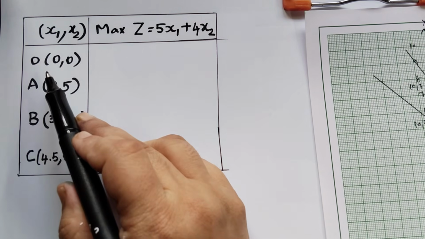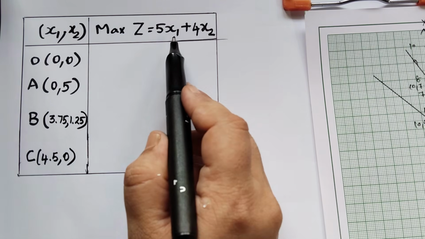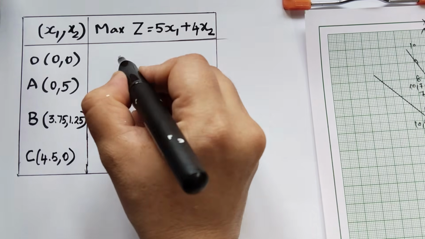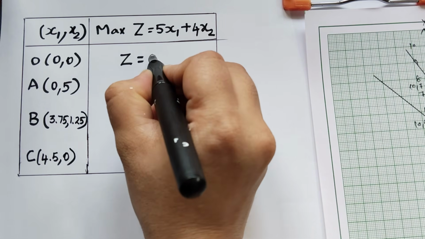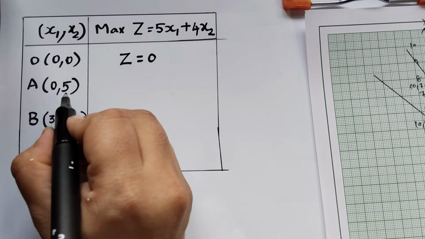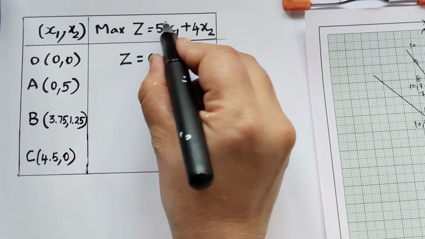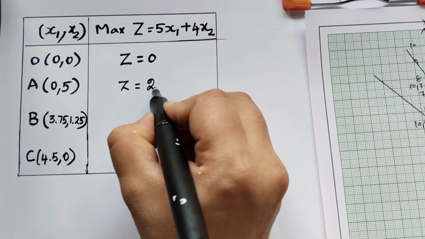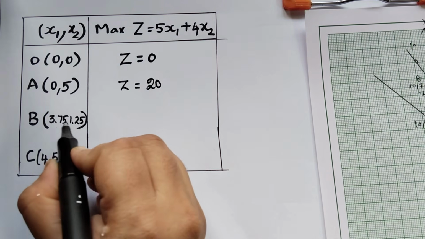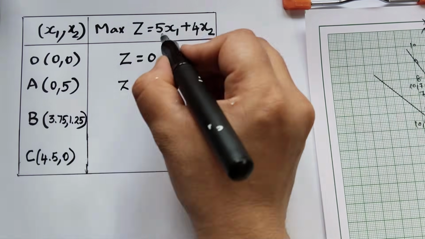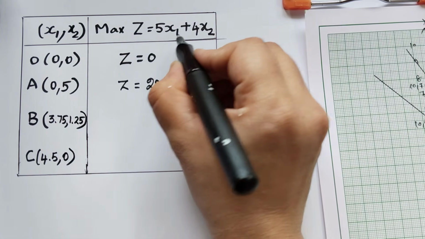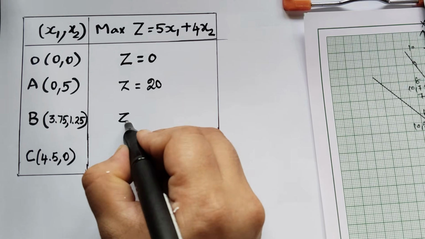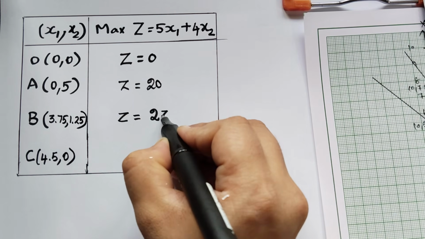So at the point O it is 0 comma 0, so x1 takes the value 0, and x2 also takes the value 0, which gives Z to be equal to 0. And then at the point A, 0 comma 5, so x1 is 0, so this term becomes 0, and here 5 times 4 is 20, so the value of Z is equal to 20. And at B, when we substitute 3.75 multiplied with 5 plus 1.25 multiplied with 4, it gives us Z equal to 23.75.